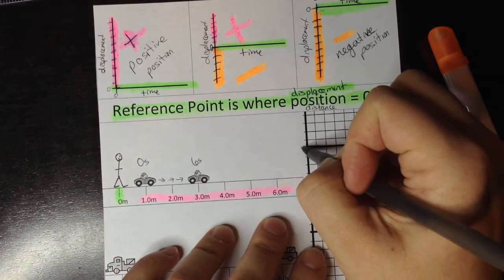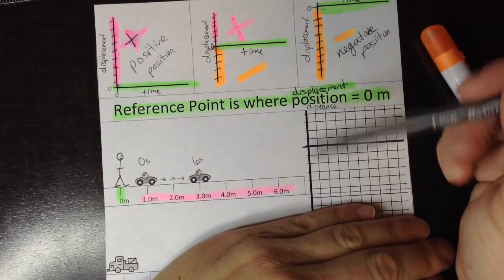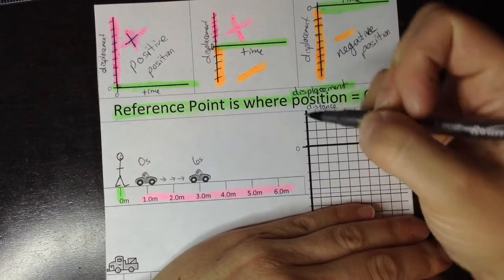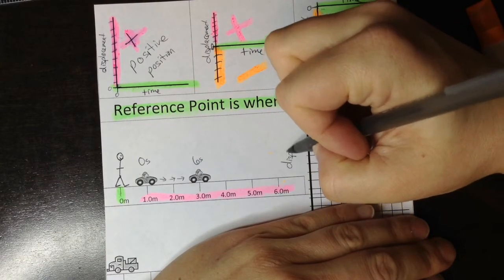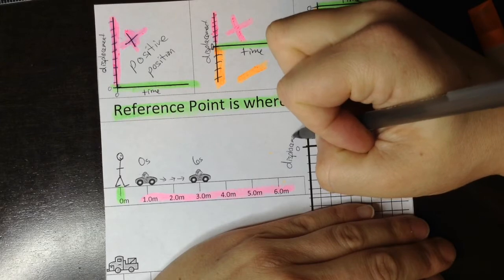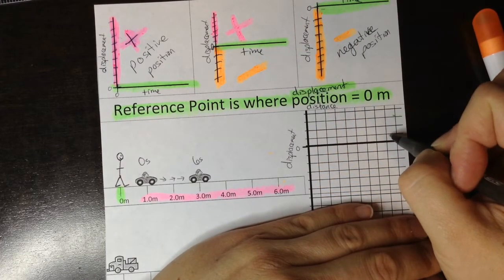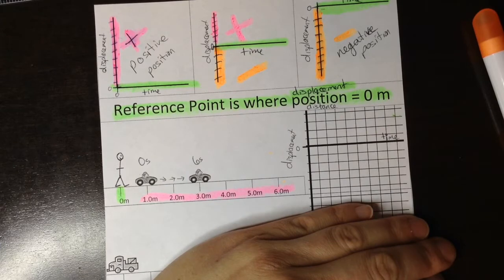So we have here a graph. Y-axis, x-axis. Alright, where these two intersect. So we have, as you see up here, the displacement is your y-axis. Time is on your x-axis. Okay?